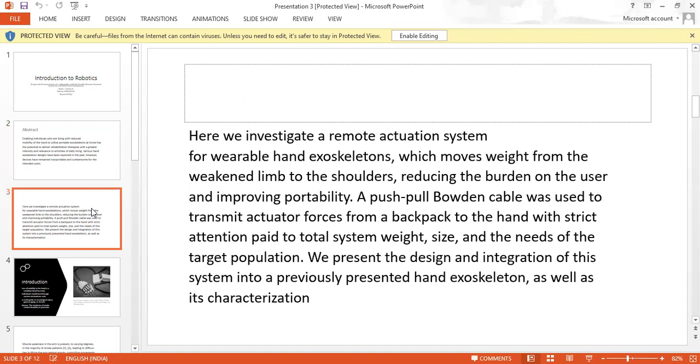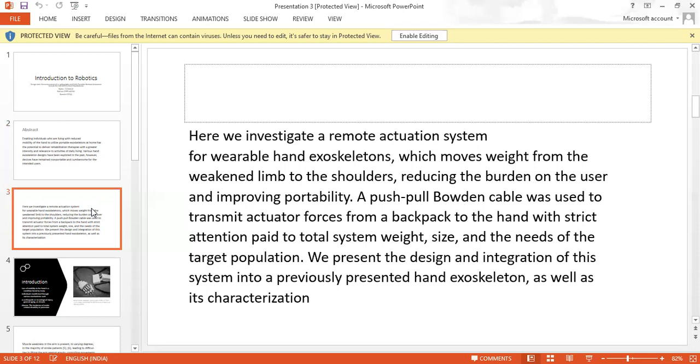Here, we investigate a remote actuation system for a wearable hand exoskeleton, which moves weight from the weakened limb to the shoulders, reducing the burden on the user and improving portability. A push-pull Bowden cable was used to transmit actuator forces from a backpack to the hand, with strict attention paid to total system weight, size, and the needs of the target population.